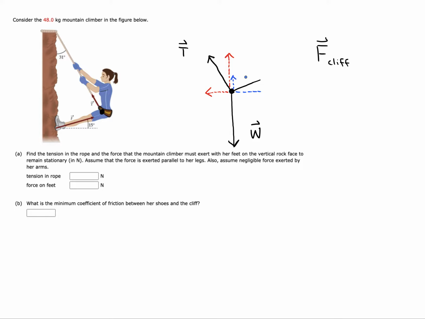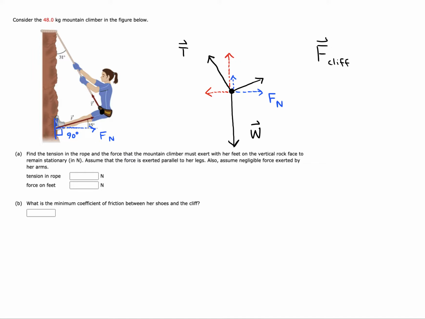The idea is we want balance in the X and the Y. Alright, so this one can be called Fn. So why do I call it Fn? Because normal means perpendicular. So if you look at that surface there, the component of the force of the cliff that's like 90 degrees with the cliff is a normal force.